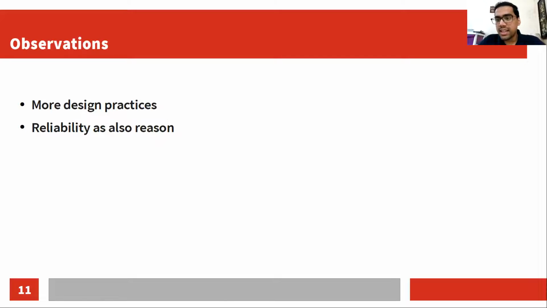For example, they would say that we are designing the software for this energy producing component, and we are going to use many components instead of a single one. And the main reason they are doing that is so that we can save costs. But as a side reason, as an added benefit, they are also talking about reliability.